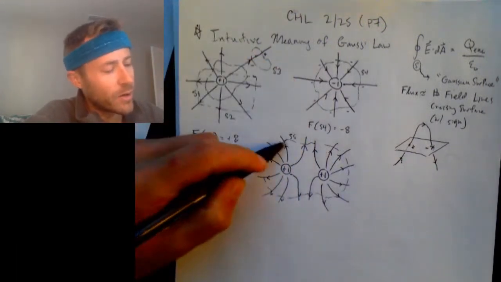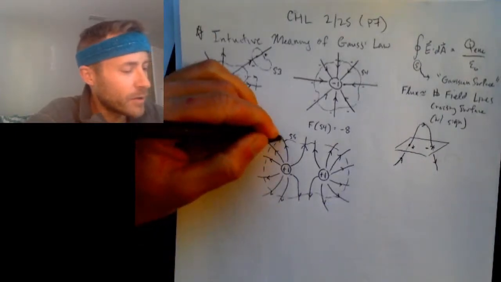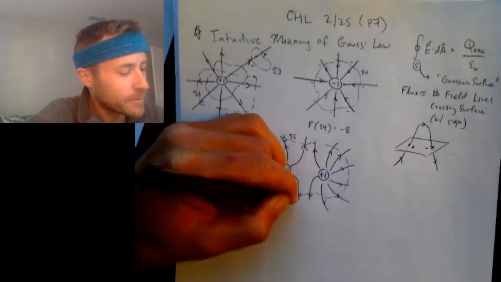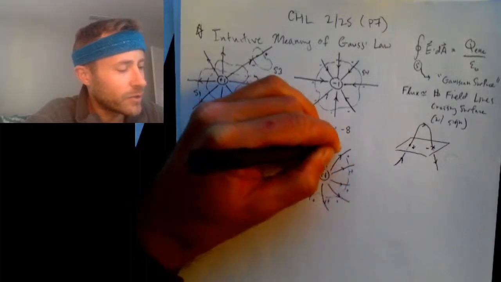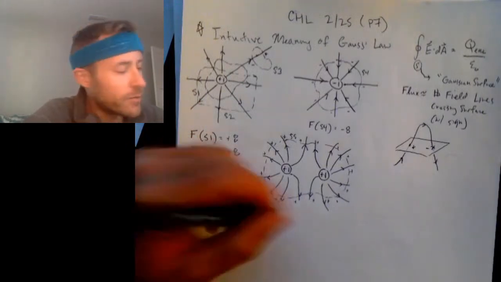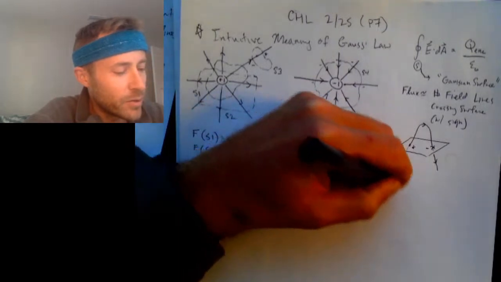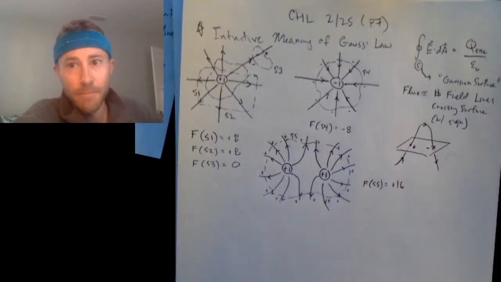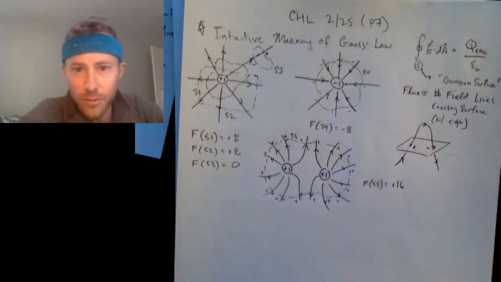And so going around the boundary of that surface, all these lines are going out, and there are 16 lines going out. All right? So that means that the flux through surface 5 is plus 16. And that is consistent with Gauss's law, because if you enclose twice as much charge, you have twice as much flux.